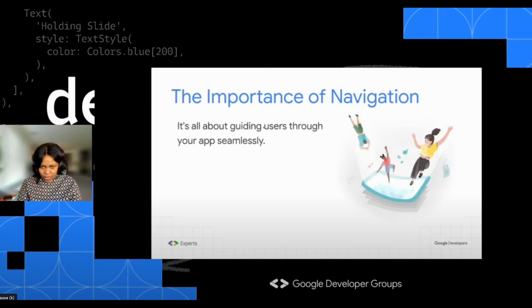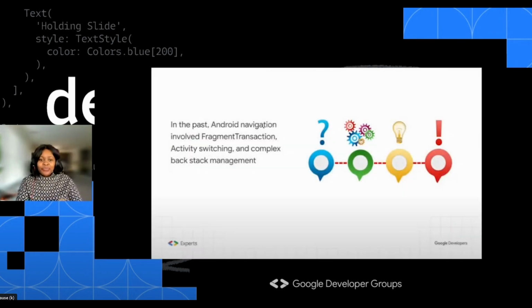Everybody in the world has a device, and that device definitely has navigation. So navigation is very vital to our application. As developers, we need to make sure that it's seamless and easy, because if I get frustrated with navigation in any application, I always quit or uninstall it. You don't want that to happen.